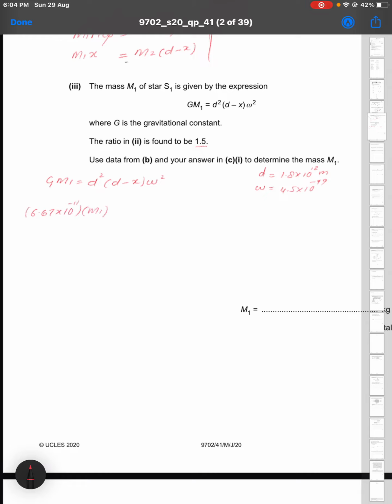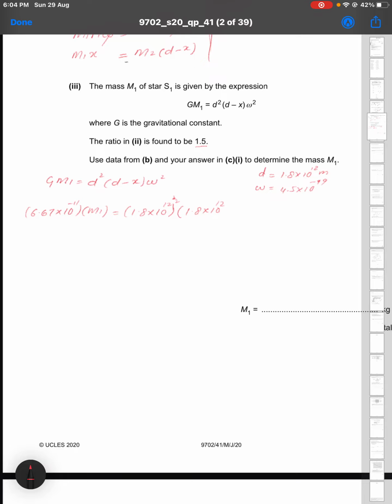Mass m1 is unknown. d is given, 1.8 into 10 to the power 12. Again d is given, so put the value of d here once again, with a square here, and inside, d is 1.8 into 10 to the power 12.